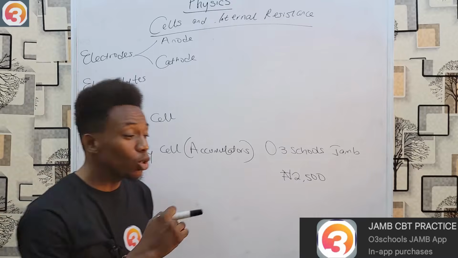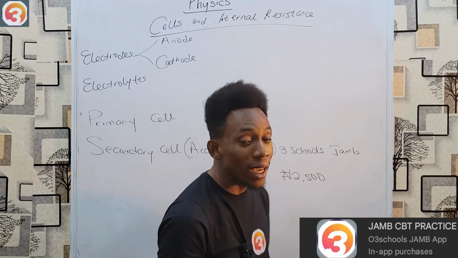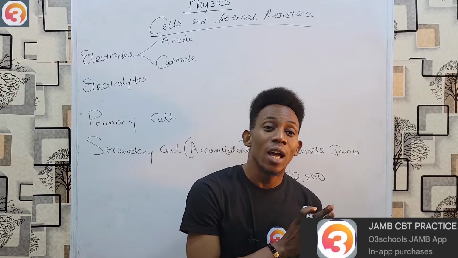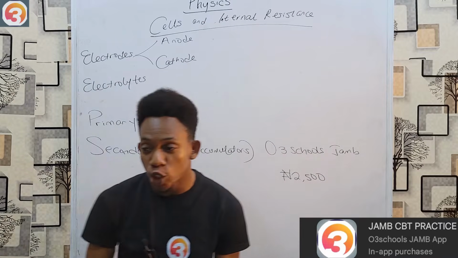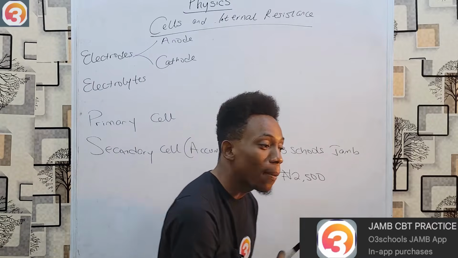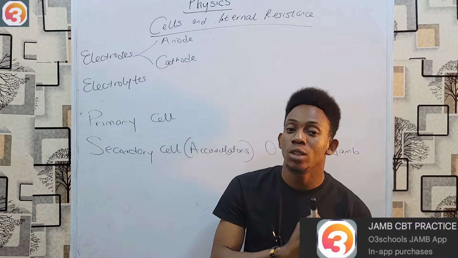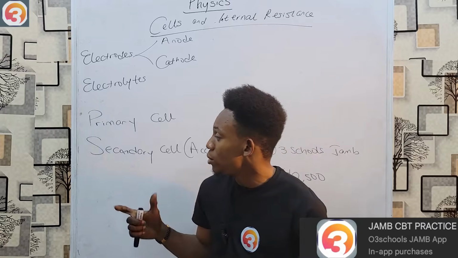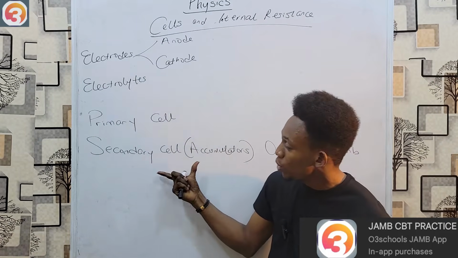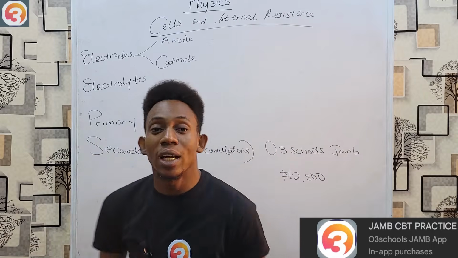But the battery in your phone, for example, can always be charged back to 100%, and then it runs for the same duration as it did the very first time you got that phone. So that's the basic difference. Primary cells cannot be completely recharged, while secondary cells can be recharged.